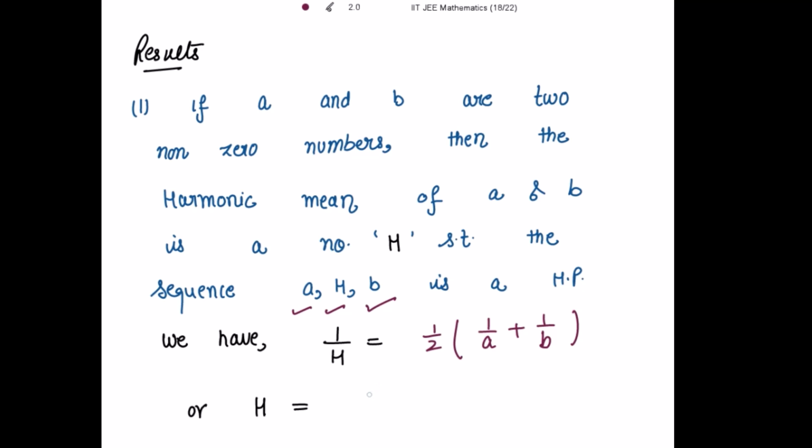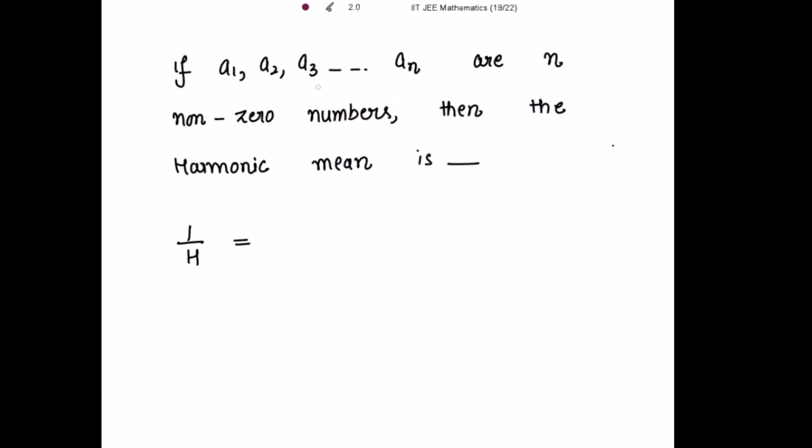Or h is equal to 2 into ab divided by a plus b. And if a1, a2, a3 up to an are n non-zero numbers, then the harmonic mean is 1 by h equal to 1 divided by n into the sum of the reciprocals of a1, a2 up to an, that is the sum of their reciprocals divided by n.